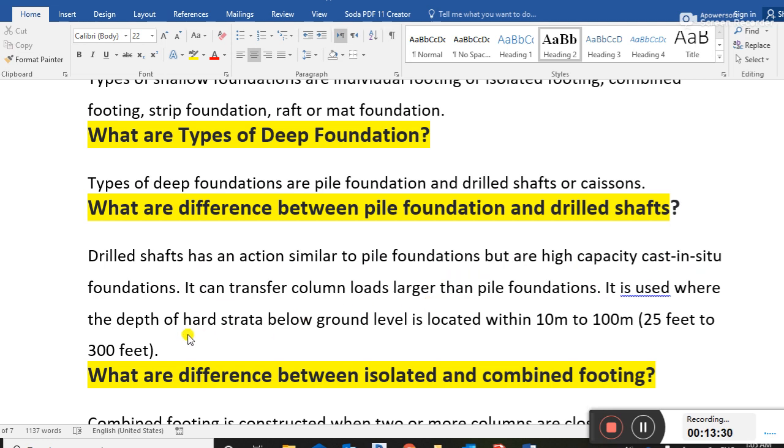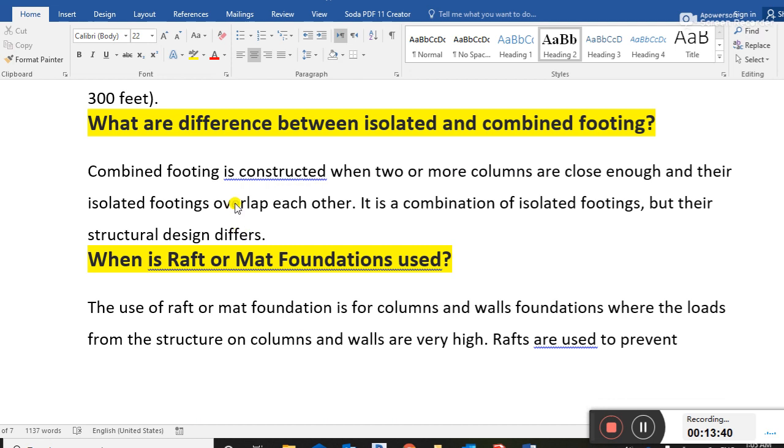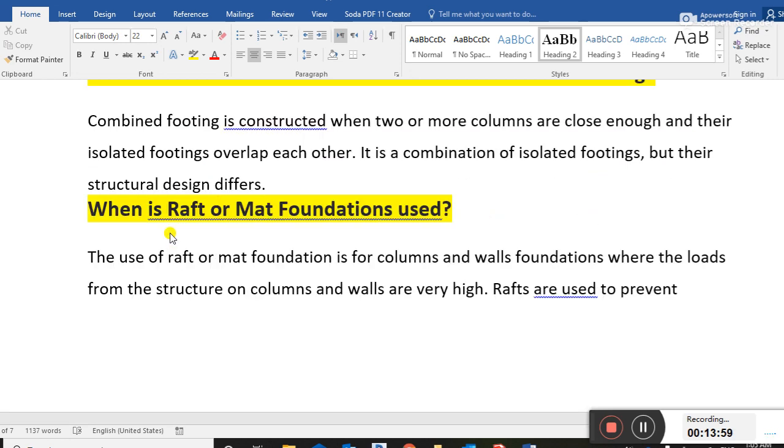It is used where the depth of hard strata below the ground level is located within 10 meters to 100 meters. Guys, what is the difference between isolated footing and combined footing? Combined footing is constructed when two or more columns are close enough that their isolated footings overlap each other. It is a combination of isolated footings, but their structural design differs.